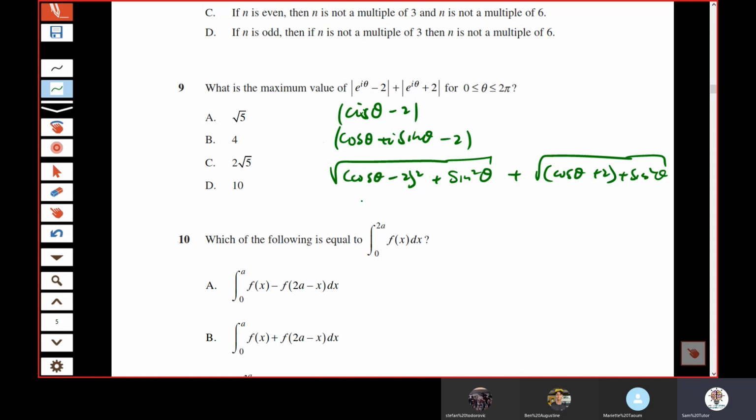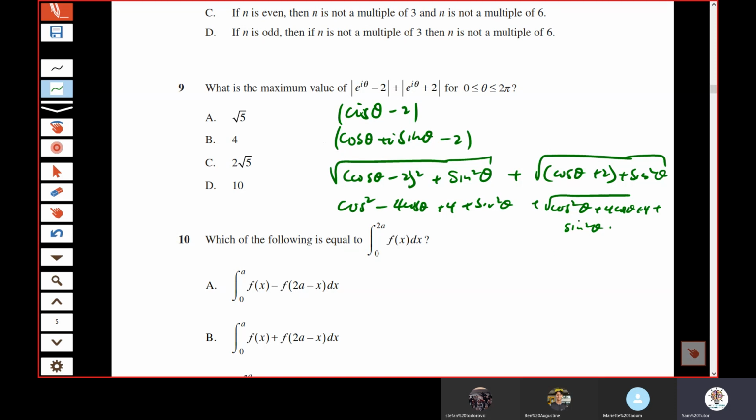Expand this: cos squared θ minus 4 cos θ plus 4 plus sine squared θ, plus the same again with plus 4 cos θ plus sine squared.